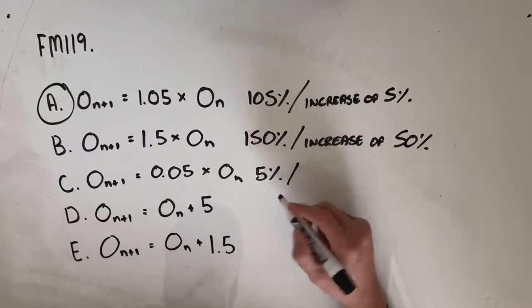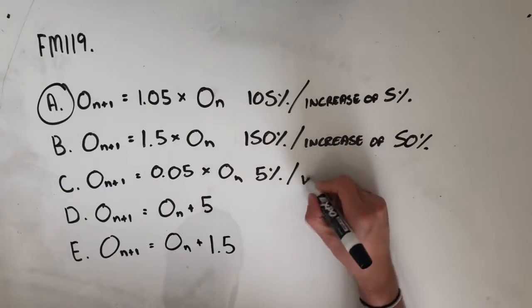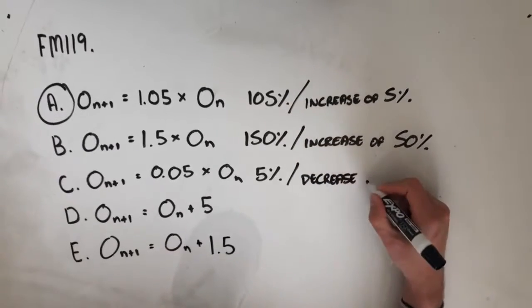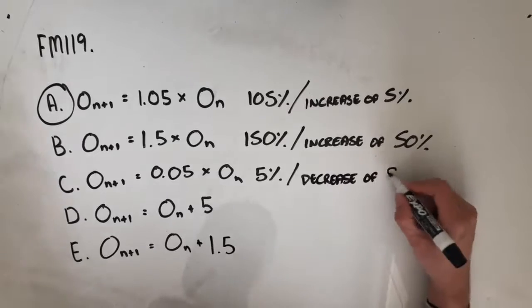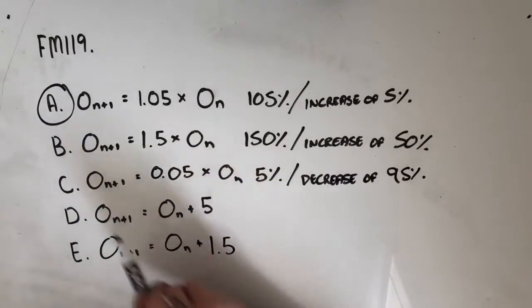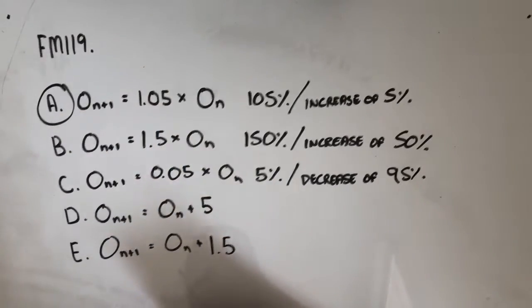So if we were to continue using 0.05, we would actually find ourselves decreasing by 95% each time, because we're finding 5% of this value takes us to the next one. So this amount would get smaller and smaller and smaller very quickly.